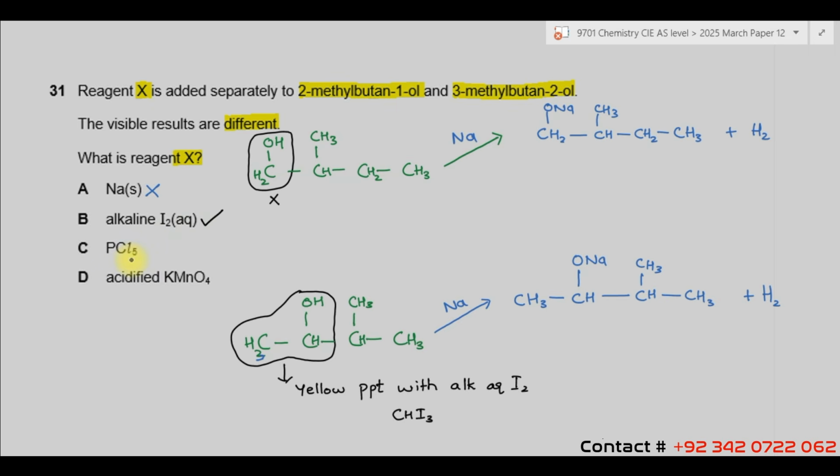Third one is PCl5. PCl5 can react with alcohol and convert it into halogenoalkane. So instead of OH, we'll have Cl. Rest is same. Plus HCl and POCl3.